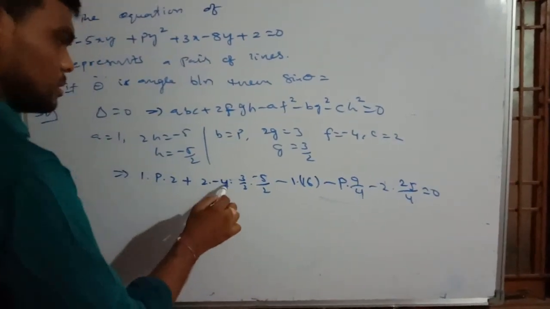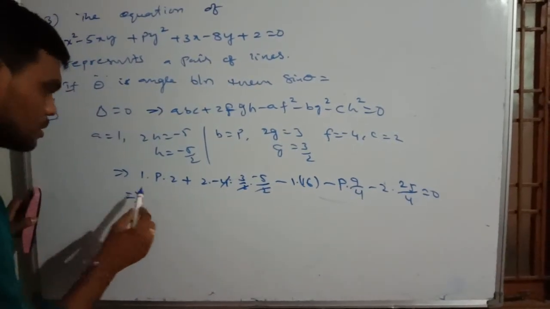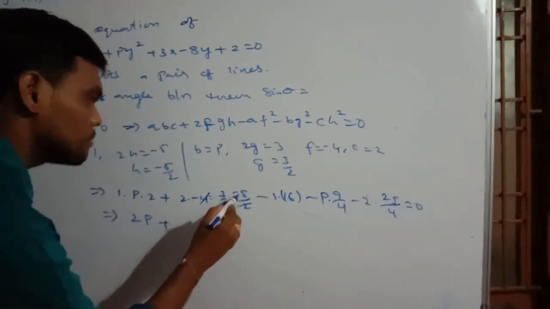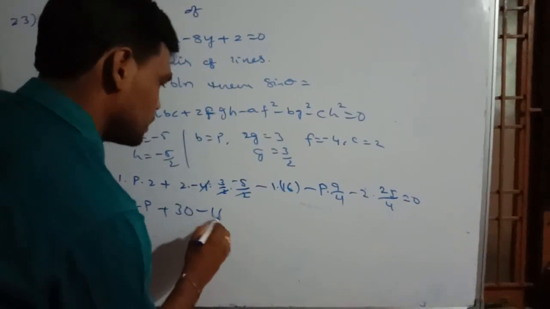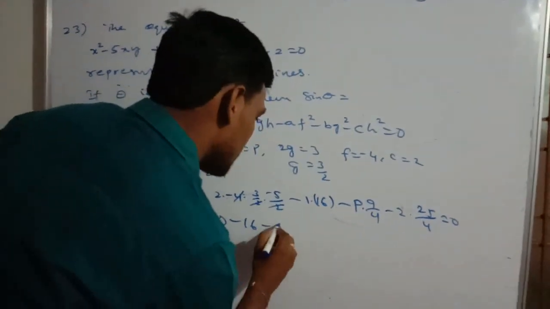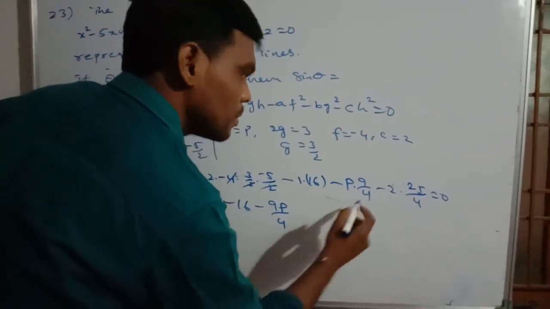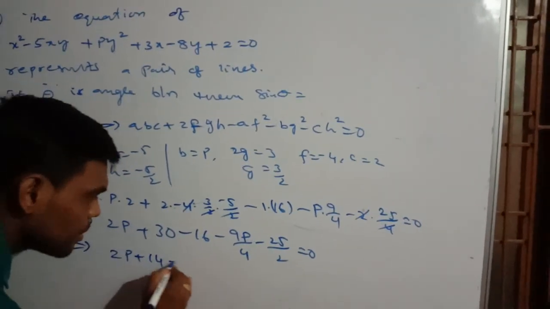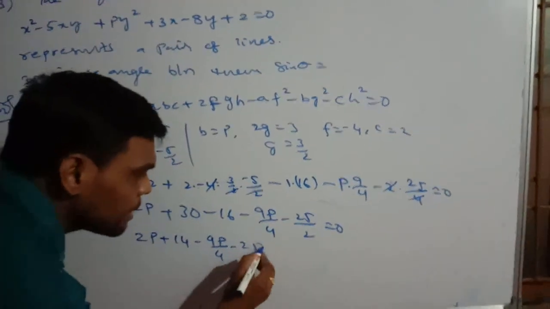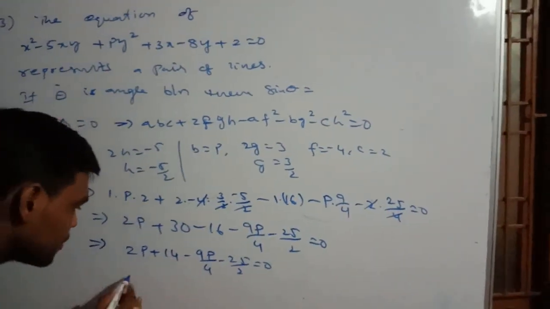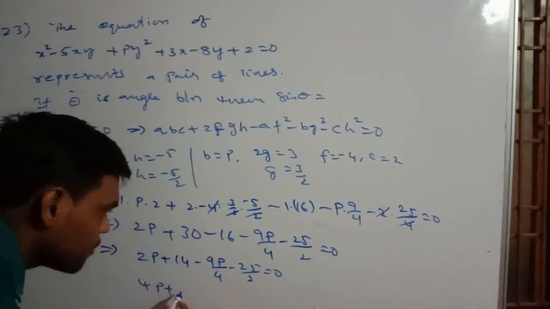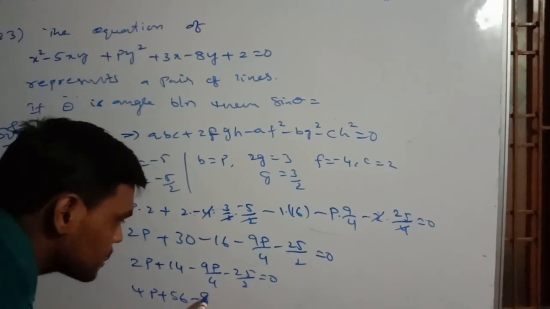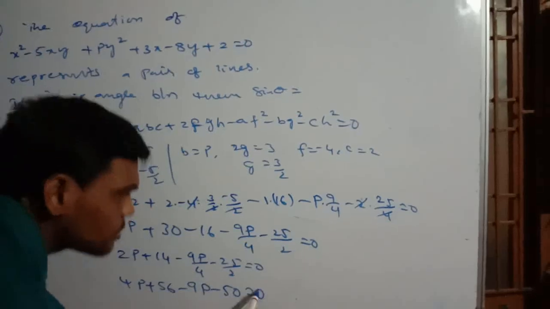And this is 2p plus 30 minus 16 minus 9p by 4 minus 25 by 2, so 2p plus 14 minus 9p by 4 minus 25 by 2 is equal to 0. Here the LCM is 4.